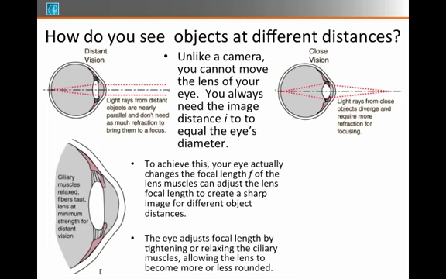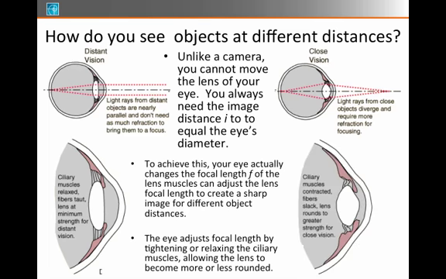So here's an example of the lens of your eye, where the ciliary muscles are relaxed, the fibers are taut, pulling the lens outward and creating a somewhat less rounded lens. Here the ciliary muscles are contracted, the fibers go slack, and the lens rounds somewhat to create a greater strength for close vision. The focal length essentially shrinks.